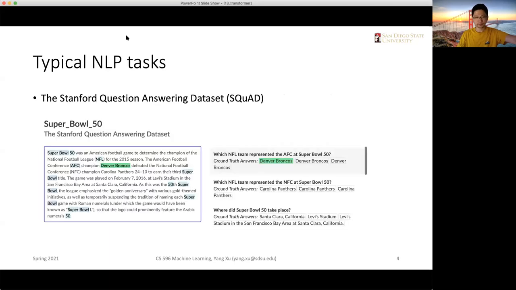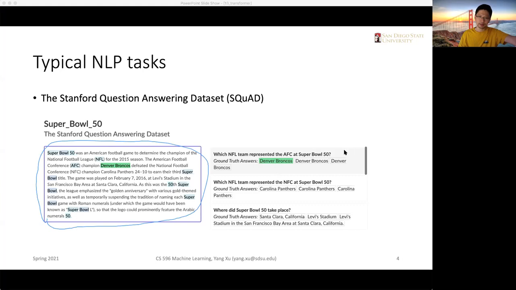Okay, so I think this is an example showing what kind of specific NLP tasks look like. It's an example from the Stanford Question Answering Dataset, SQuAD. Okay, so the dataset contains a paragraph that has some knowledge for the model to read, right?